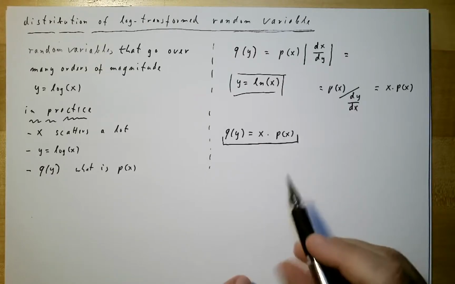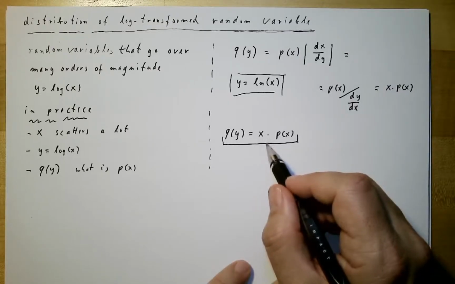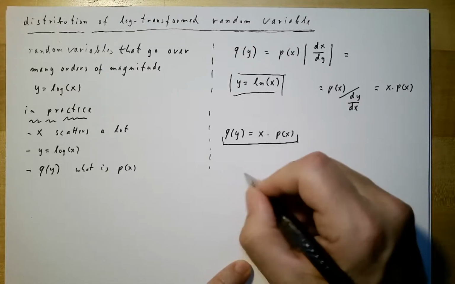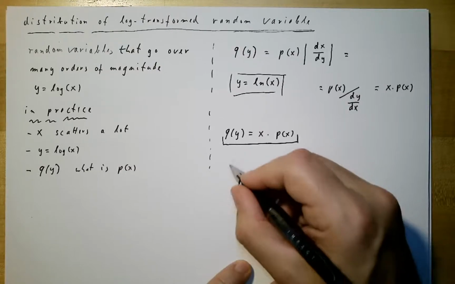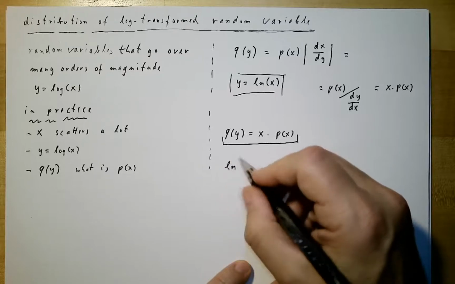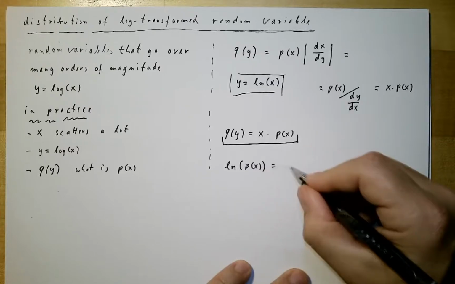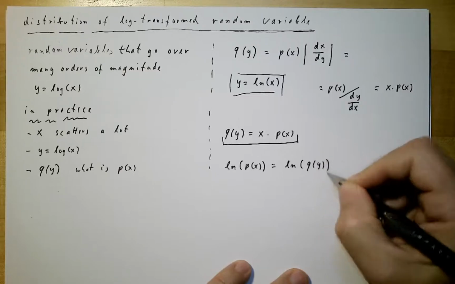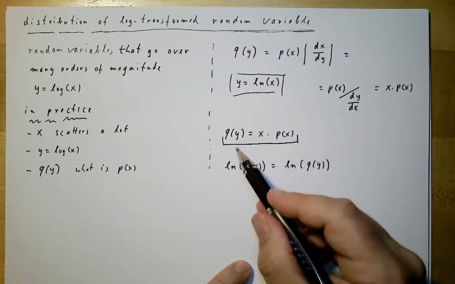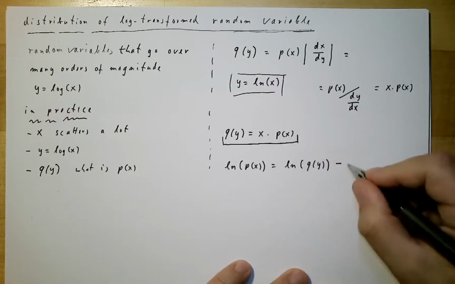But very often I want to have this logarithmic, and then you see that we can divide on both sides by x, and then we have the logarithm of p of x equals the logarithm of q of y, and then we have minus the logarithm of x, and the logarithm of x is y.